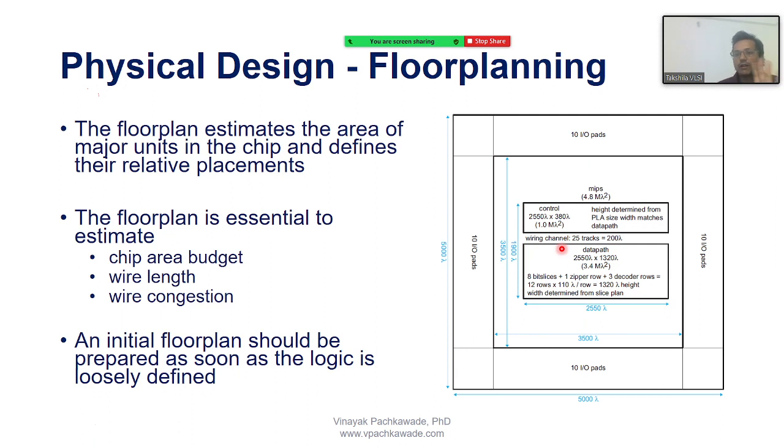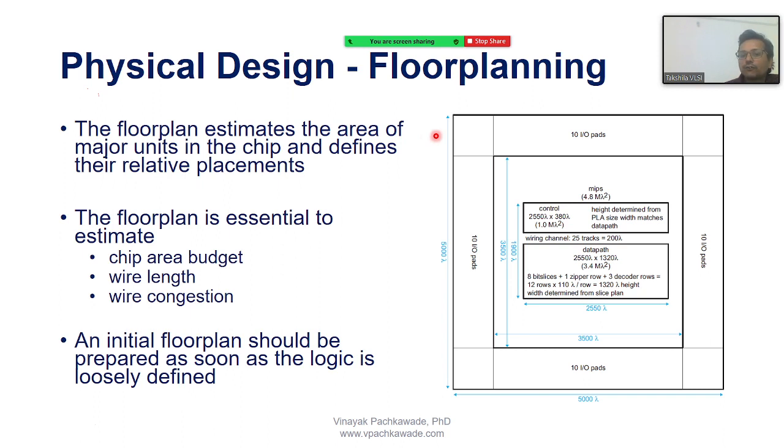So just an analogy. From the VLSI engineers' perspective, floor planning is basically to estimate the area of the major units in the chip. What are the major units in the chip? For instance, I am explaining the floor planning of a processor. Let's say I am designing the processor chip.